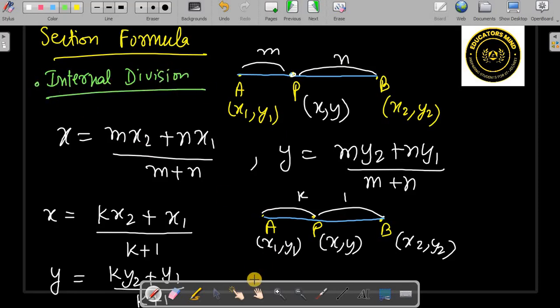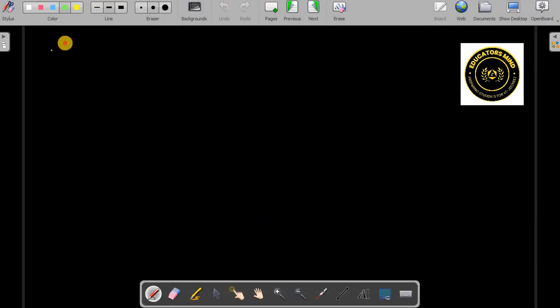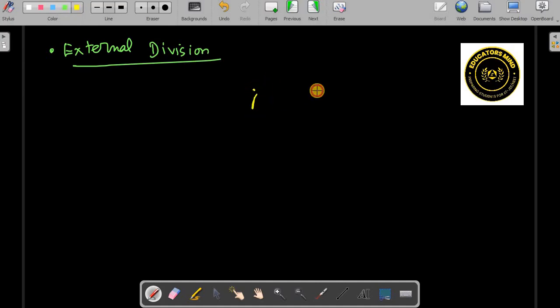Now there can be a case where there is external division. Let's take external division. So let us take points A, B, with coordinates x1, y1 and x2, y2.